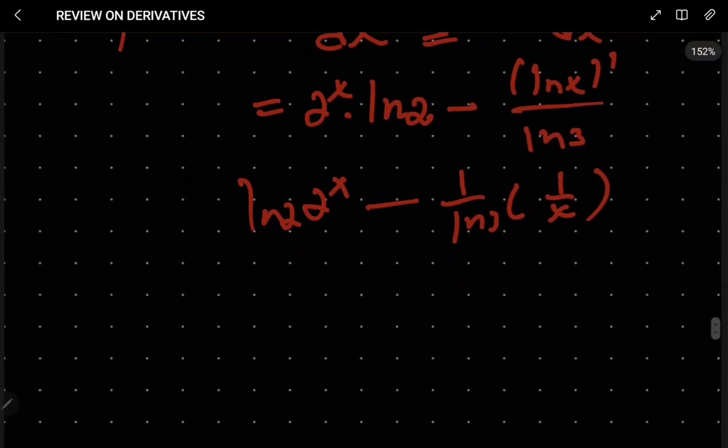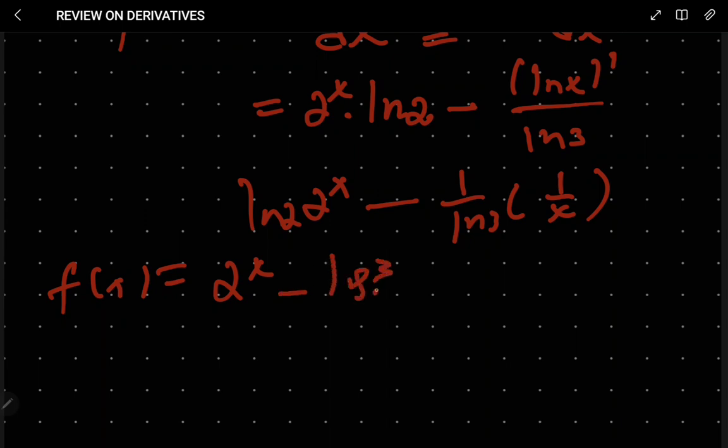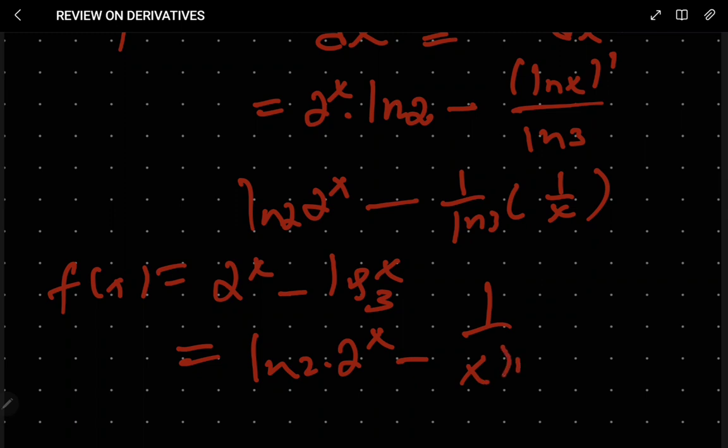So if f of x is 2 to the power of x minus logarithm of x to the base 3, the derivative is ln 2, a constant, times 2 to the power of x, minus 1 over x ln 3. So this is how you do a difference of functions.